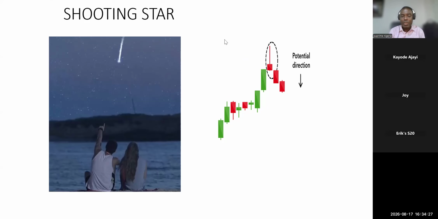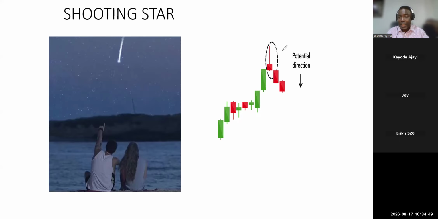So let's assume you see a shooting star, for instance, on the daily time frame. Note that that shooting star is only giving you direction. You still need to go to a lower time frame like 1 hour to make a proper entry. Now, if you are seeing this shooting star on 1 hour, yes, you can use it directly.